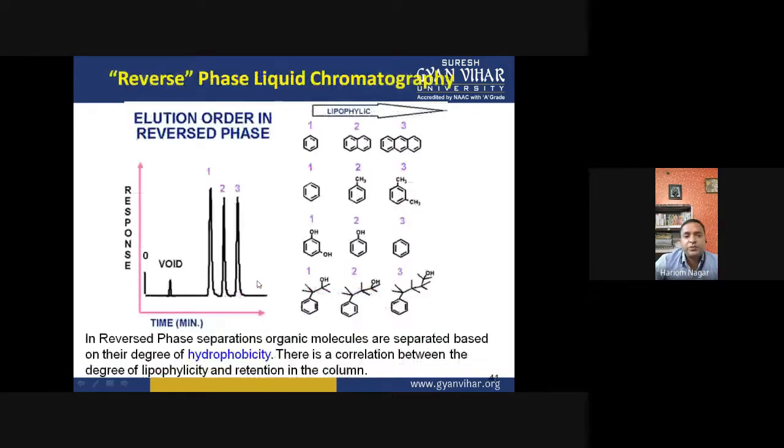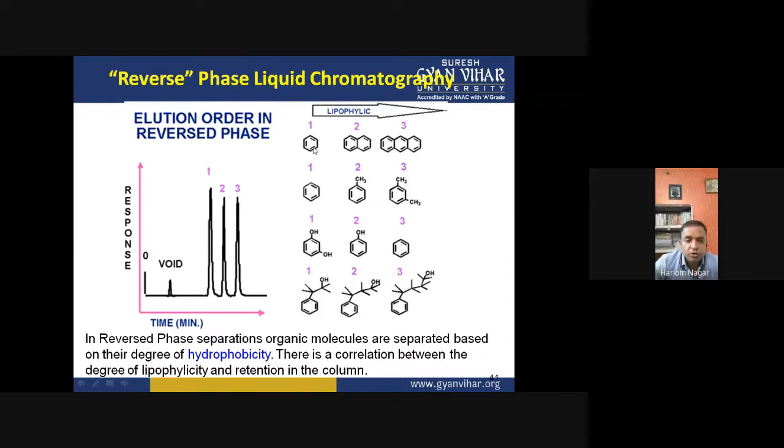Now in reverse phase HPLC, the elution order of these compounds is the same as used in normal phase liquid chromatography. Since here the mobile phase is more polar, the more polar component will elute faster. Benzene is more polar than naphthalene, which is more polar than anthracene.